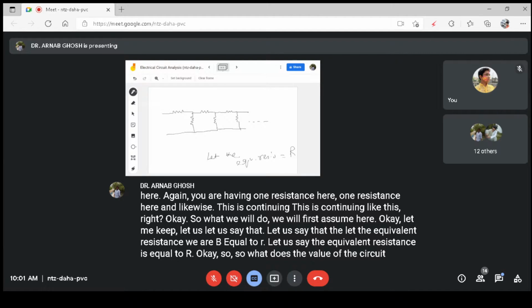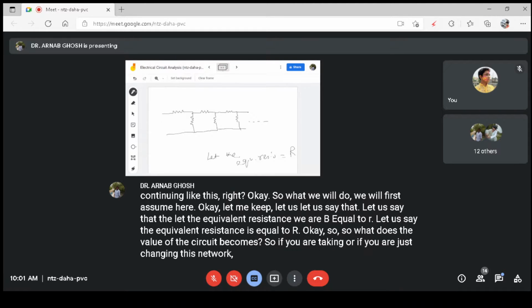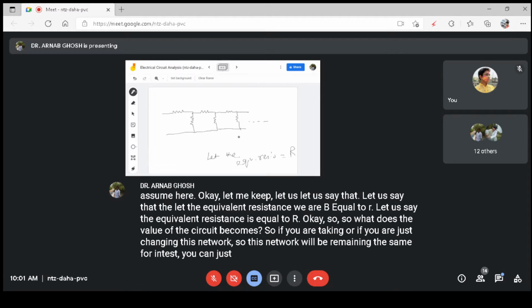So changing this network, this network will be remaining the same for the entire circuit, so you can just reduce this network.